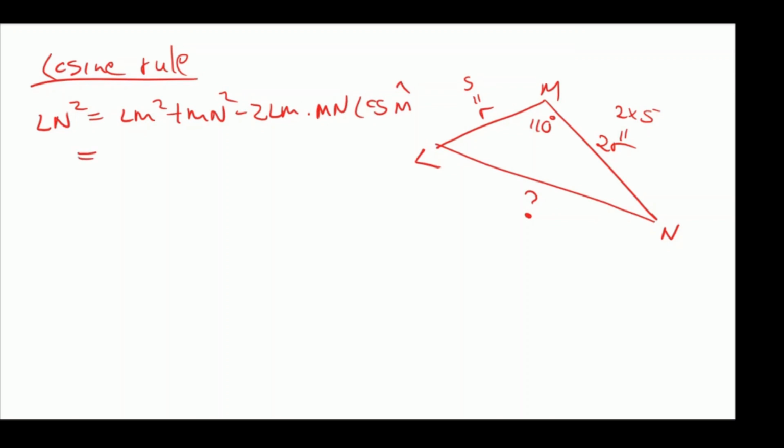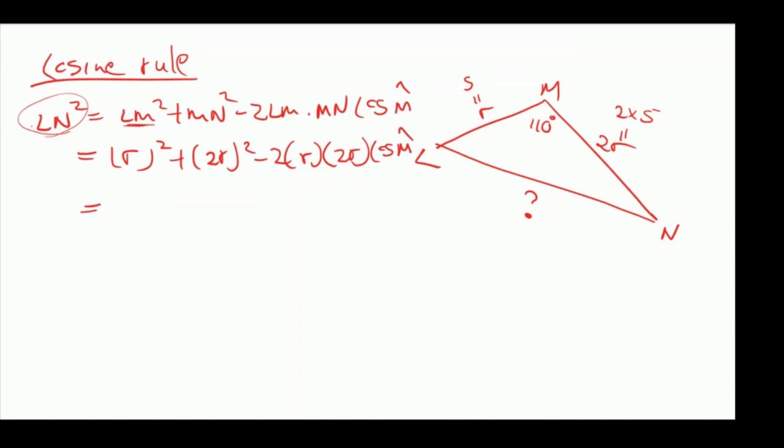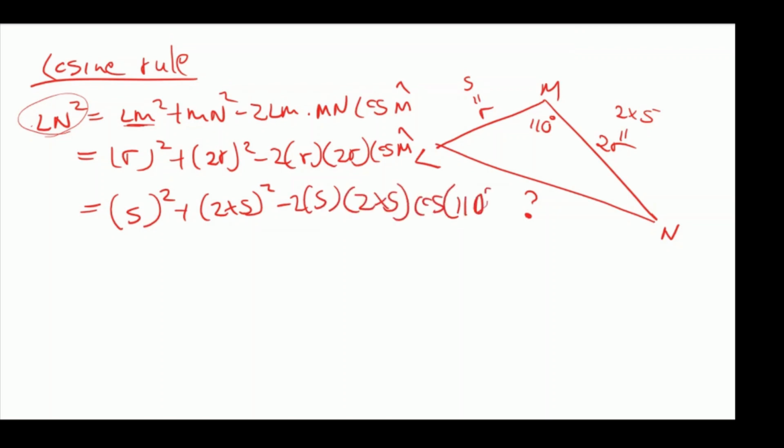So we want to find LN, so we're going to substitute LM, which is equal to r, so it's r squared plus 2r squared minus 2 into r into r cos of M. Where there's r, we're going to put 5 because r is equal to 5, and then 2 times 5 squared minus 2 into 5, 2 times 5 cos of 110 degrees.